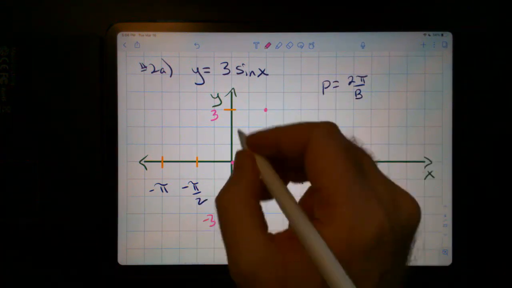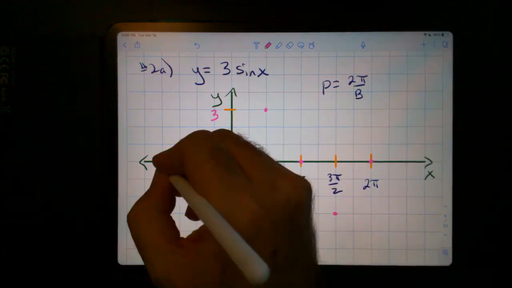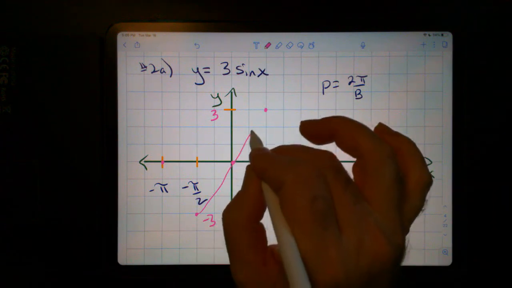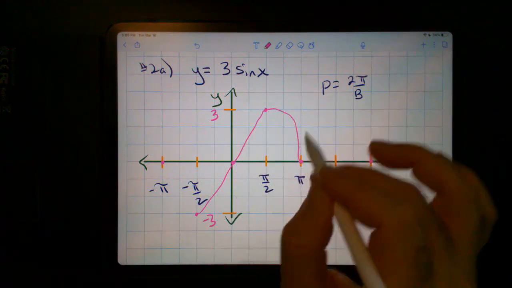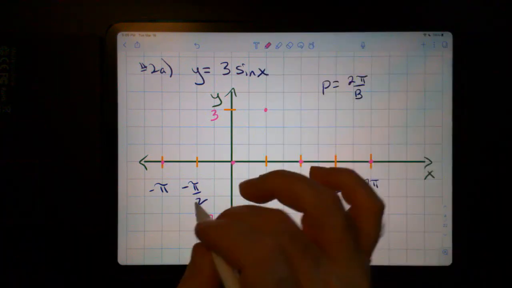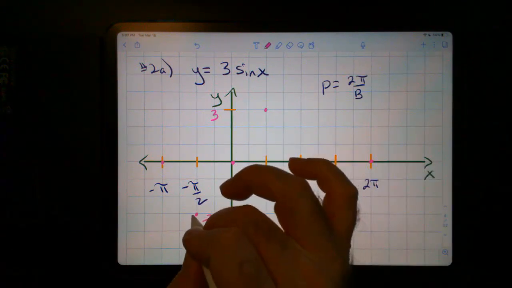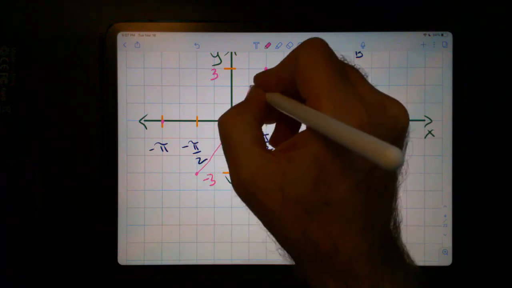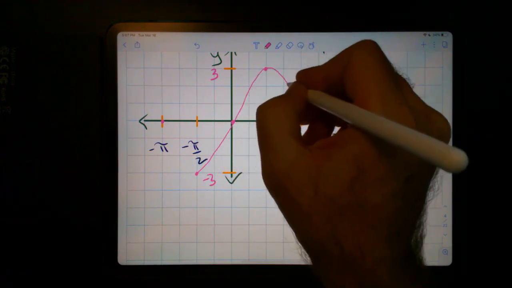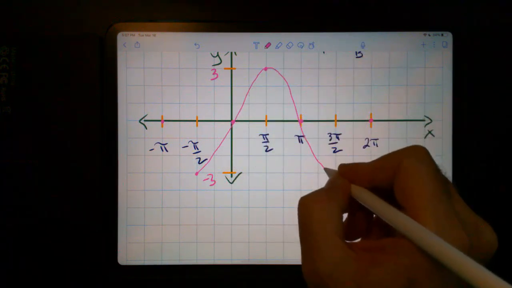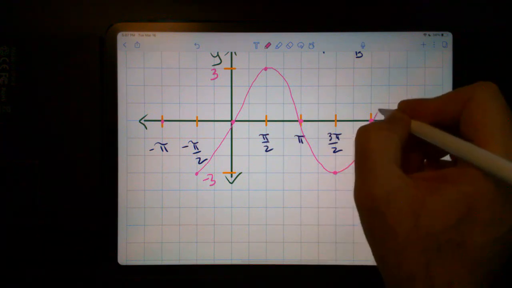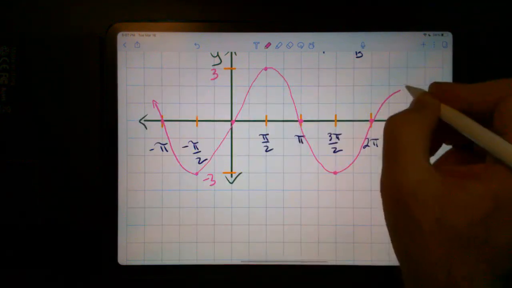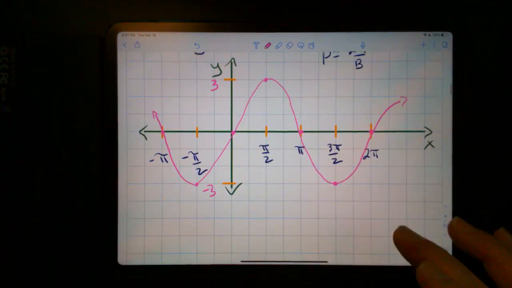Similarly, in the opposite direction, it'll go here, and here. I can draw better than that. Something like that.